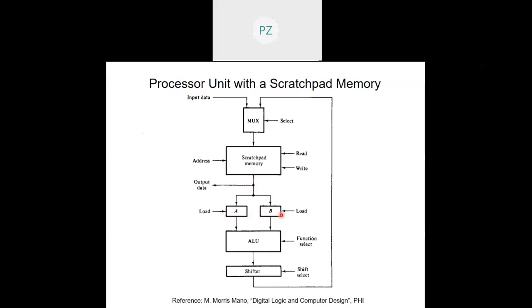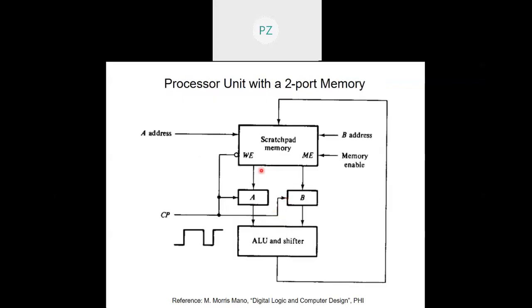So I'll have to load A and B in 2 clock cycles. It takes 2 clock cycles to get data into A and B separately. Over here, I have a 2-port memory, so data can come out on these 2 ports simultaneously, right? I can give A address, B address, so both those addresses will be fetched, and the contents at those 2 locations will come out into A and B respectively.